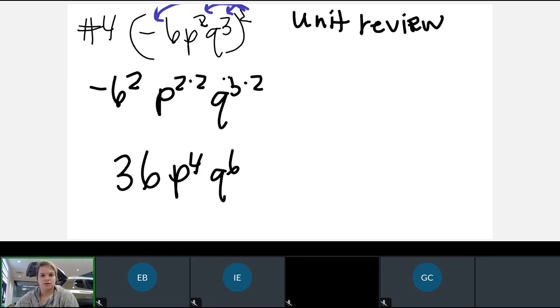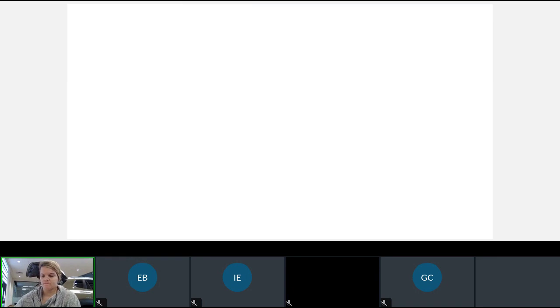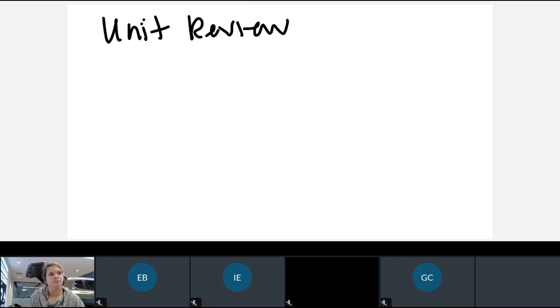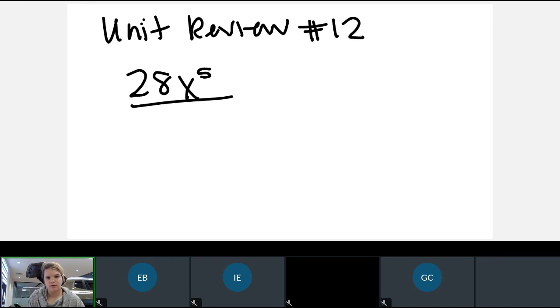So this is question 12 on the unit review. So you've got 28x to the 5th divided by 14x to the -4th. So Stormy, what do you think your first step is going to be here? Honestly, you could go either. There's 2 different things you could do.